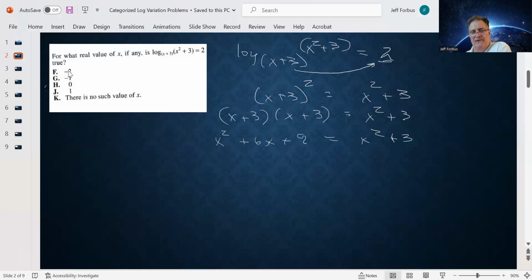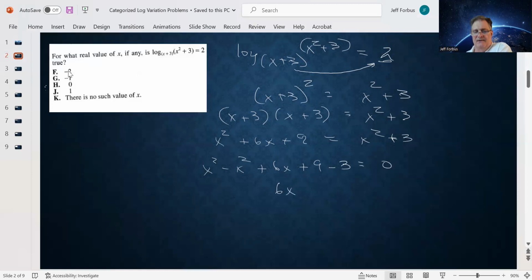Now what we want to do is get all our variables and whole numbers together. And so we're going to subtract over the x squared and the 3 to the left side. x squared minus x squared plus 6x plus 9 minus 3 is equal to 0. So the x squareds cancel, and it leaves us a 6x.